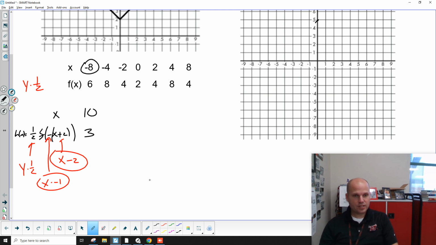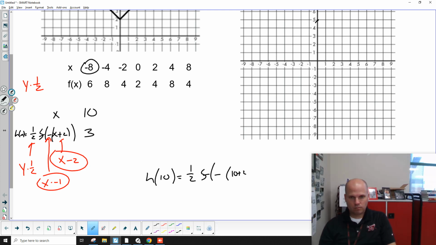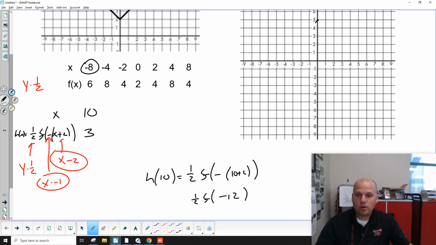So let's say h of 10 equals 1/2 f of negative x plus 2. Well, what I get is -12. I don't know what f of -12 is. So how do I know that it's going to be outputting 6? I know f of -8 is 6, which then times a half is 3. I don't know what f of -12 is. So I made a mistake here.